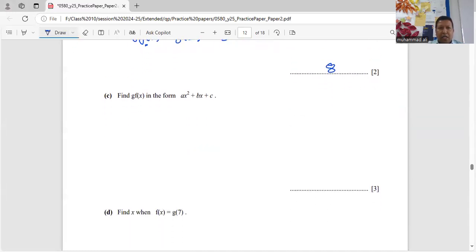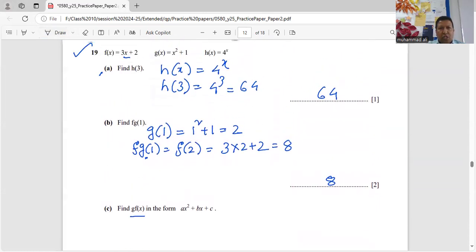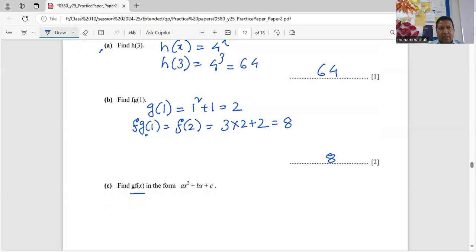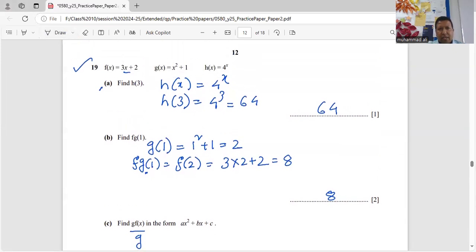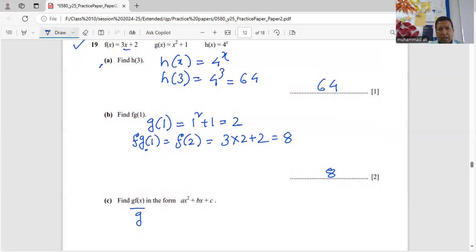Part C, find gf(x) in the form ax squared plus bx plus c. So gf(x). The f(x) function is 3x plus 2.